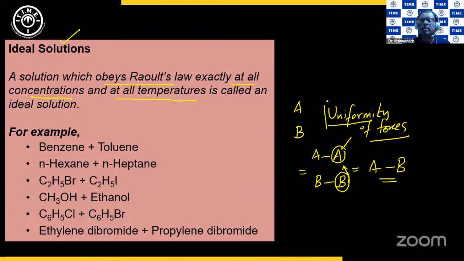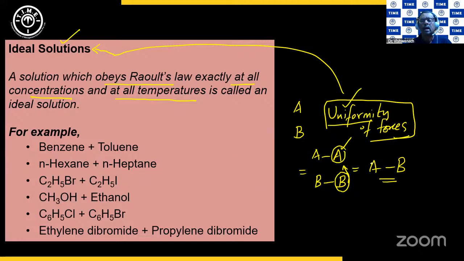So uniformity of forces is what makes an ideal solution. An ideal gas has no intermolecular forces. Keep in mind, an ideal gas has no intermolecular forces, whereas an ideal solution will have forces which are uniform. That is the difference between an ideal gas and an ideal solution.